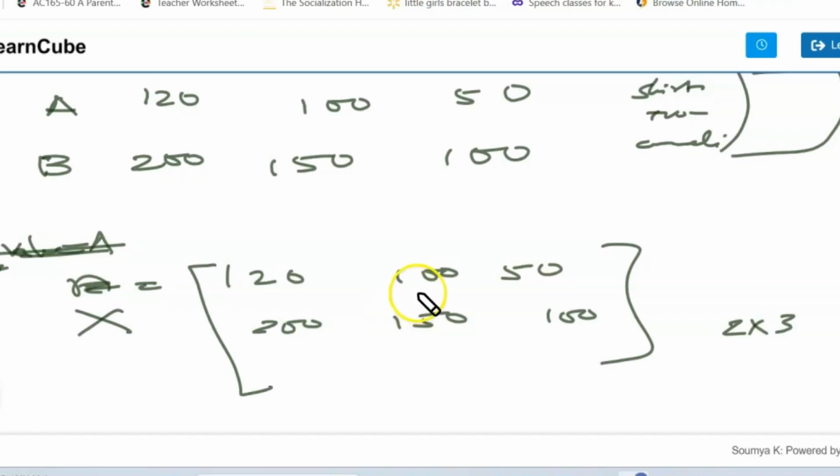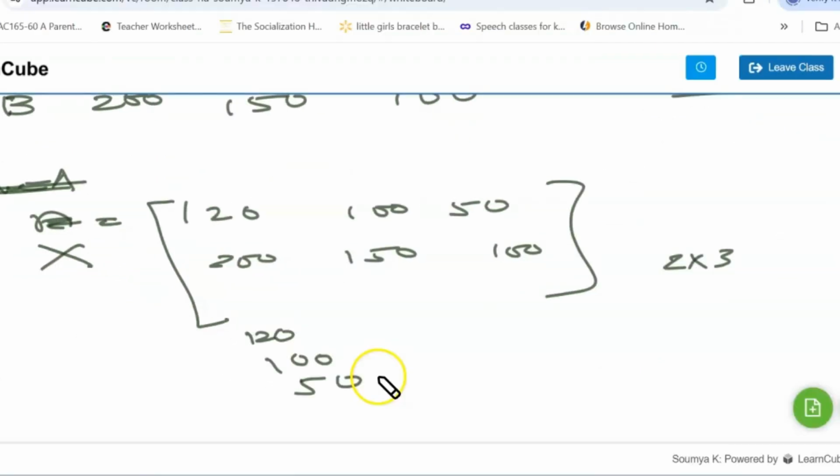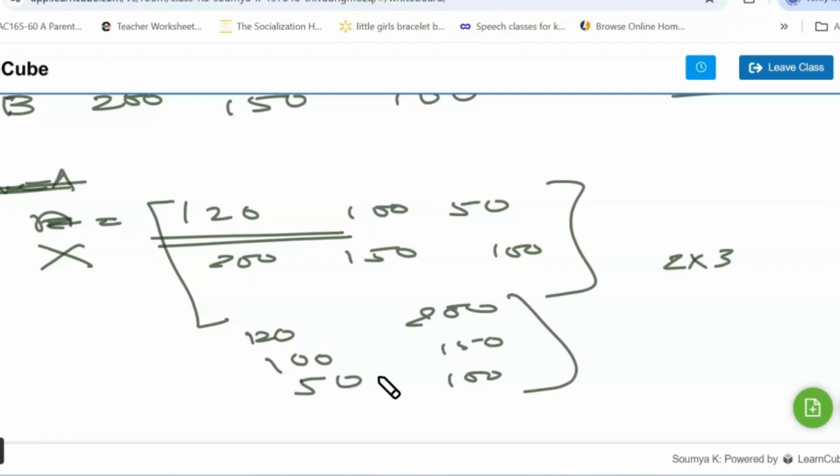Now we can also write it in another way. The next way of representing the tabular form is 120, 200, this row is converted to a column, and then 100, 150 and 50, 100. This is how it is represented, which becomes a 3 by 2 matrix. Row gets converted to columns and columns get converted to rows.